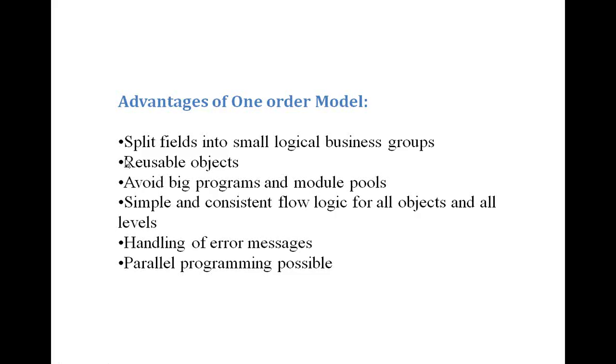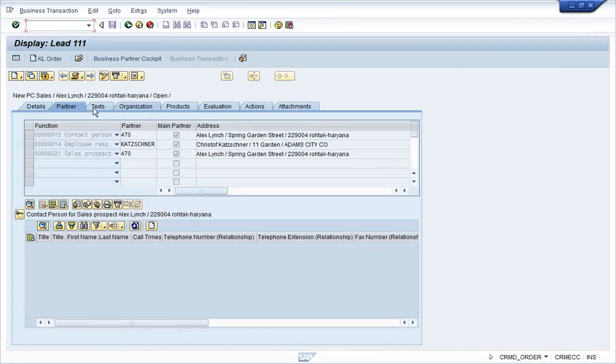So the fields are split into small logical business groups. Next, reusable objects. Why has the term reusable come here? The partner information is there in the lead.